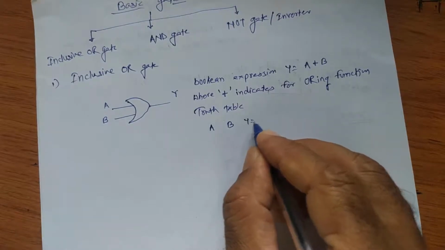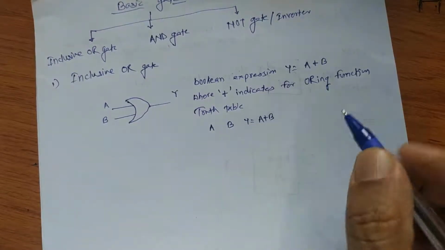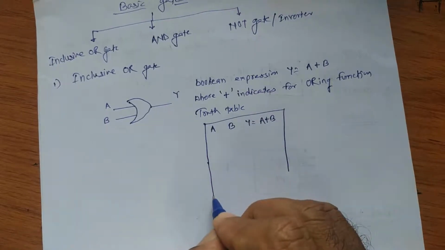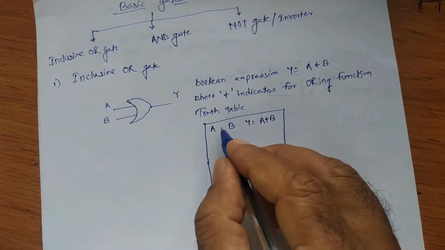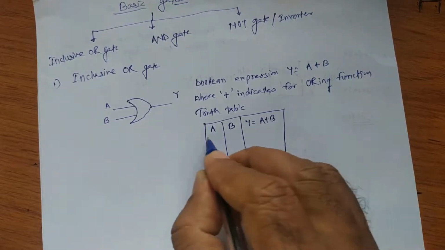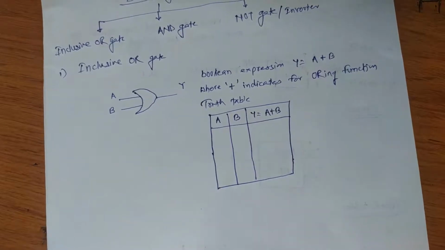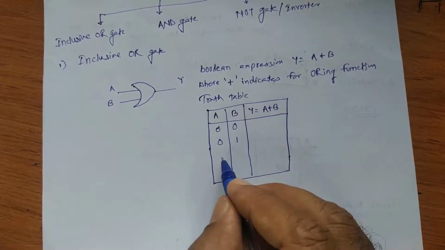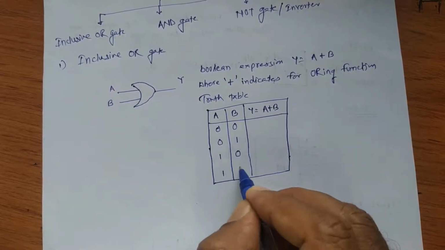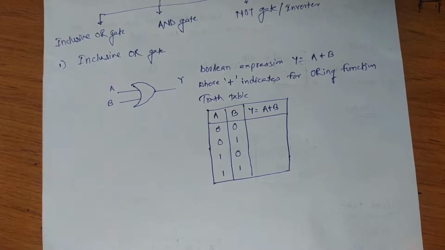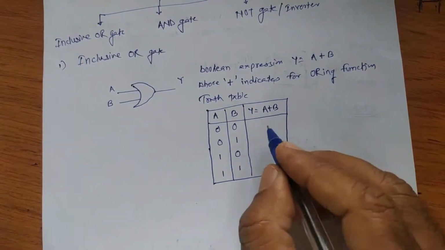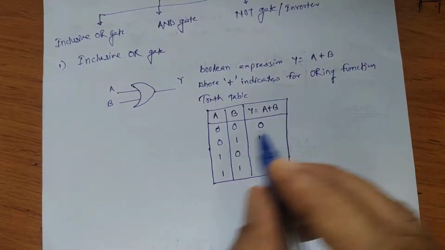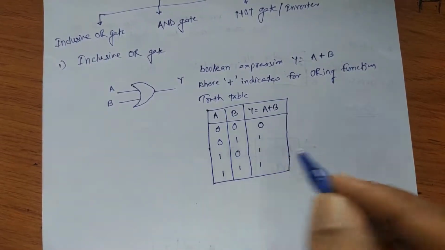Its Boolean equation is Y is equal to A or B, which is also written as A plus B. Inputs may be 0 0, 0 1, 1 0 or 1 1. When A and B are 0, we get output 0; then 1, 1, 1.